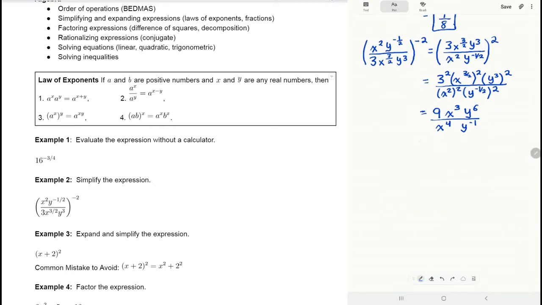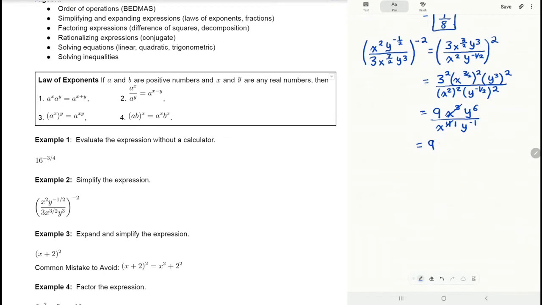So now let's simplify this fraction. So here we have 9. We have x cubed in the numerator and x to the 4th in the denominator. So the x cubed can cancel with x to the 4, which will leave us with 1 power of x in the denominator. And now the y to the negative 1, again, we're dealing with the negative exponent. So if I take the reciprocal of y, we can move this to the numerator.